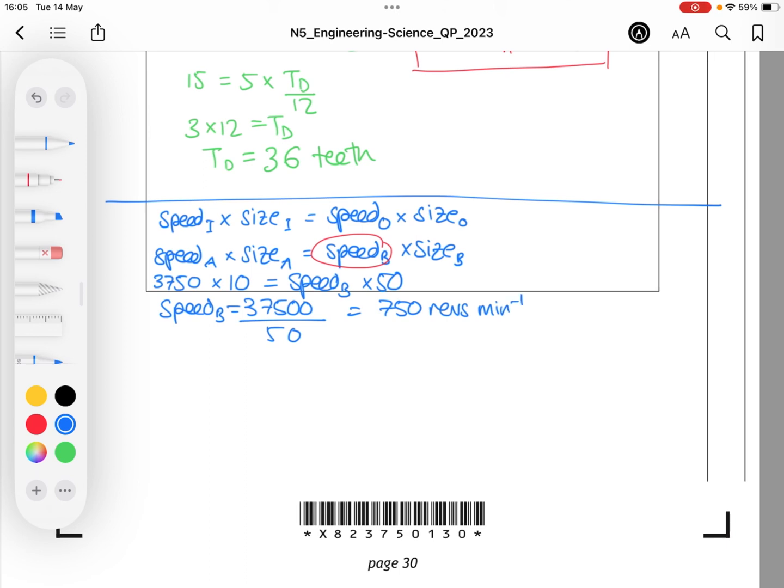Remember as well to write revolutions per minute in that way. Don't write RPM. The SQA will not accept that. You could write revs / min, but the -1 is their preferred notation for that.